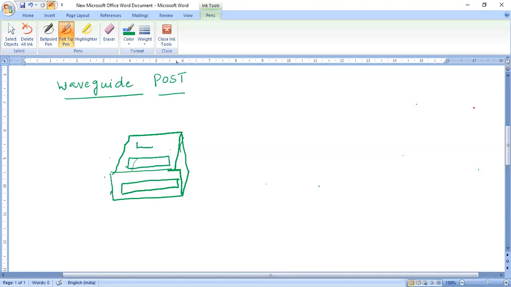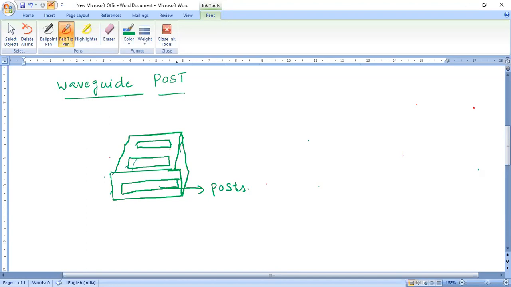These structures are also used for impedance matching purposes. So whatever we are drawing here, these are called waveguide posts. So what is a waveguide post? It is also a metallic sheet, but completely placed across the waveguide.